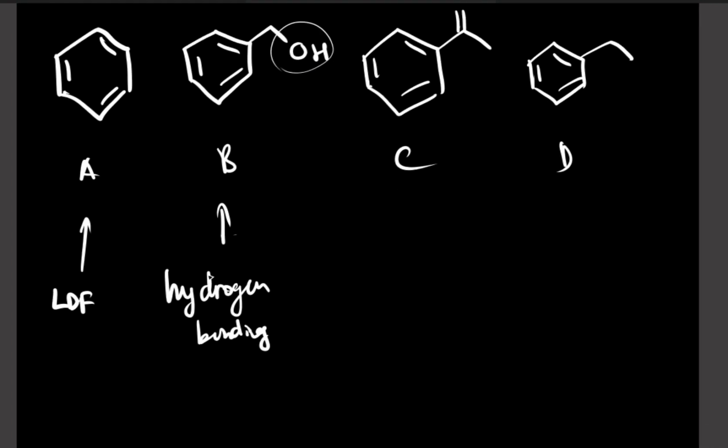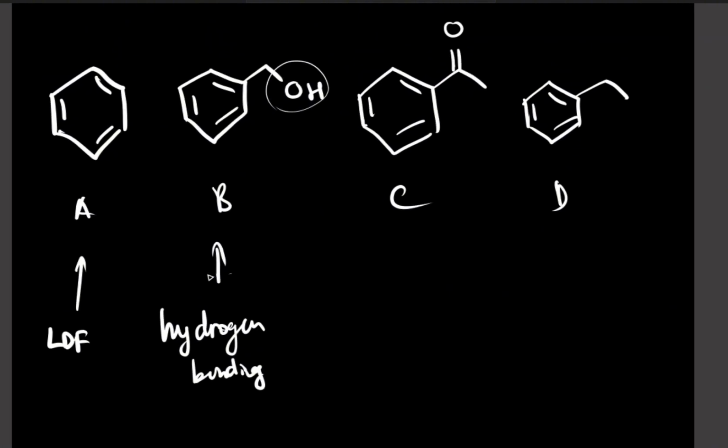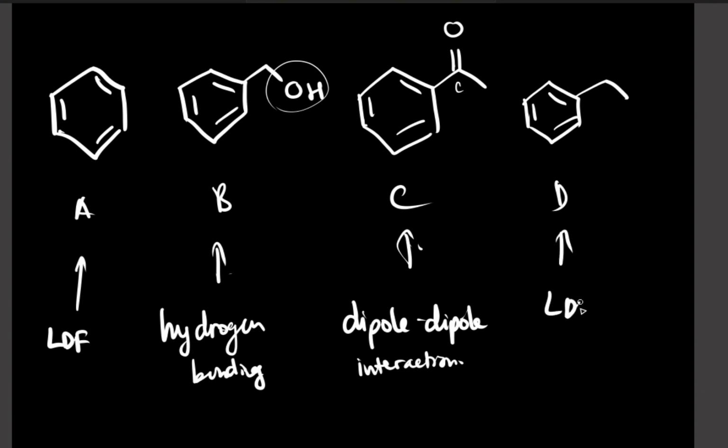So we only take a look at the strongest force present. Okay, so next here we have carbon bonding with oxygen, and that's going to mean that we're going to have a dipole interaction.